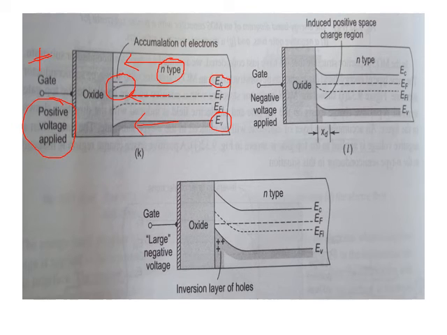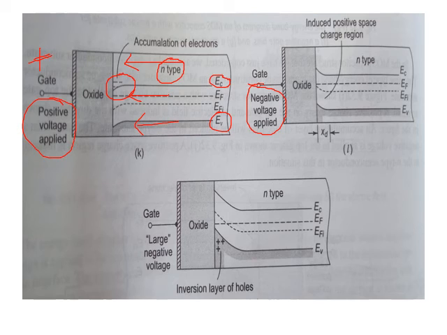Then tell me about this one, negative potential applied. Negative potential applied. Holes will be attracted. What difference are you seeing in the band bending?